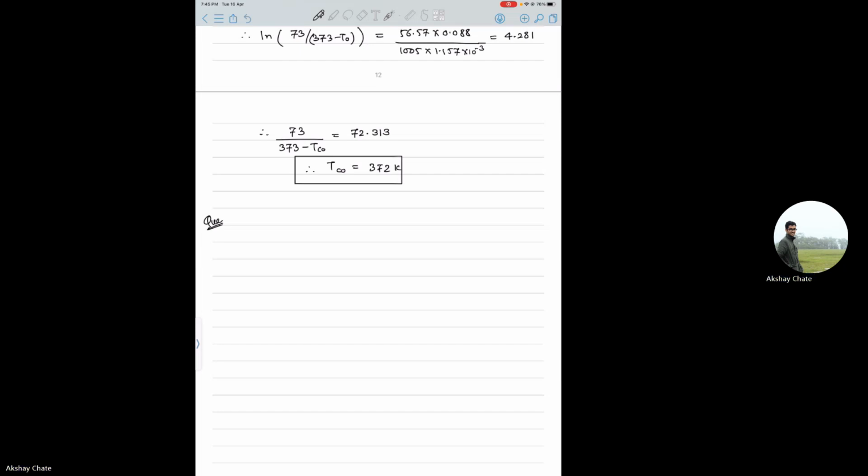Find the surface area required for a condenser handling 25,000 kg per hour of saturated steam at 0.5 bar.